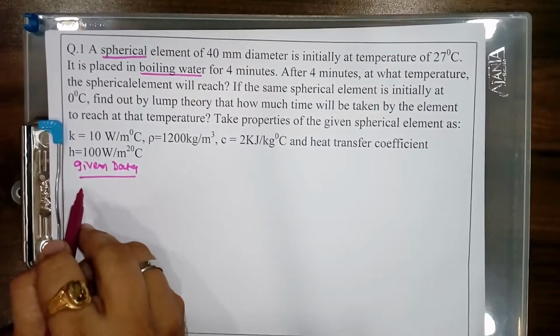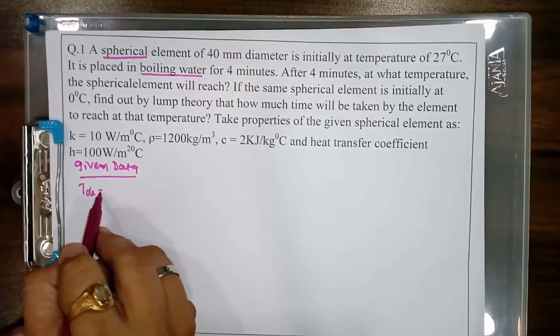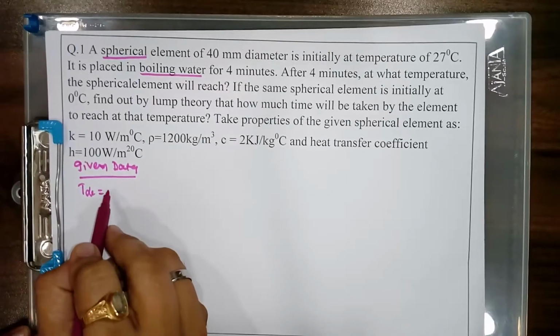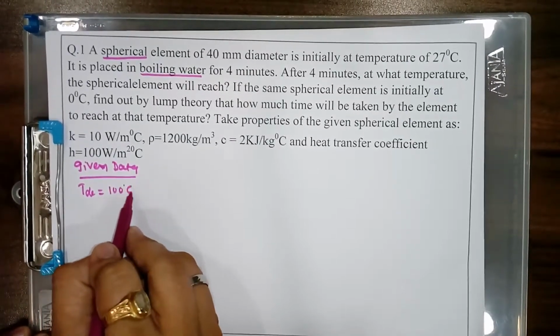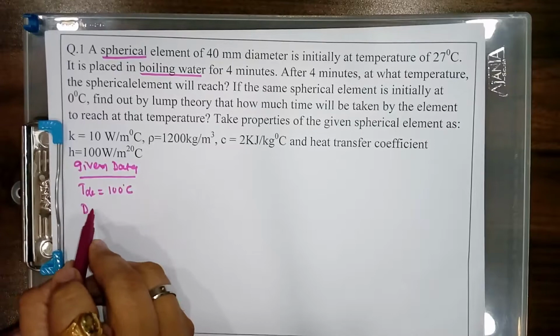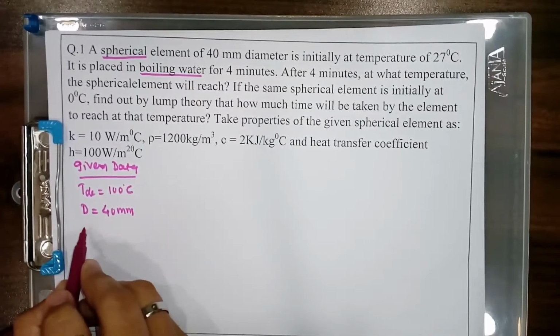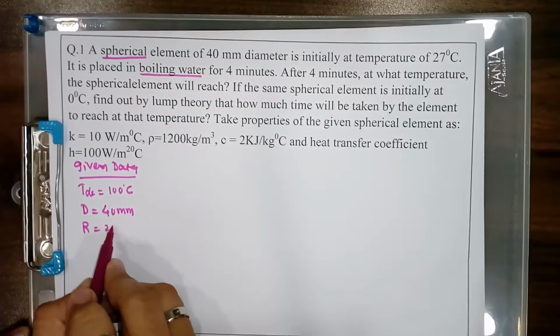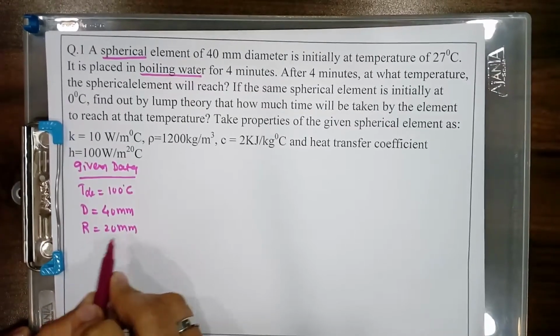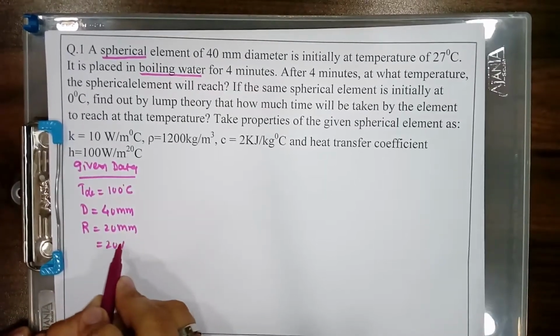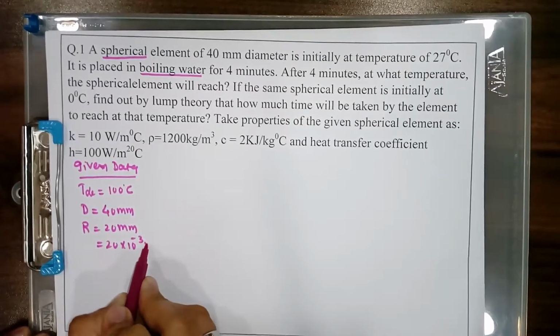The initial temperature, and importantly a boiling temperature, that is equal to 100 degrees centigrade. The diameter of the element is given, that is 40 millimeter. So the radius becomes 20 millimeter, which is equal to 20 into 10 to the power minus 3 meter.